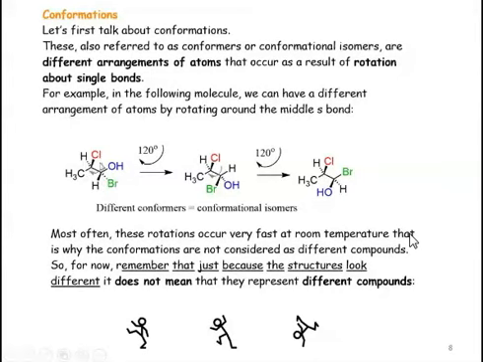Now, if we rotate this carbon atom by 120 degrees, because it is a sigma bond, we can easily rotate it about this carbon-carbon single bond. When we rotate this by 120 degrees, we will get a structure like this.